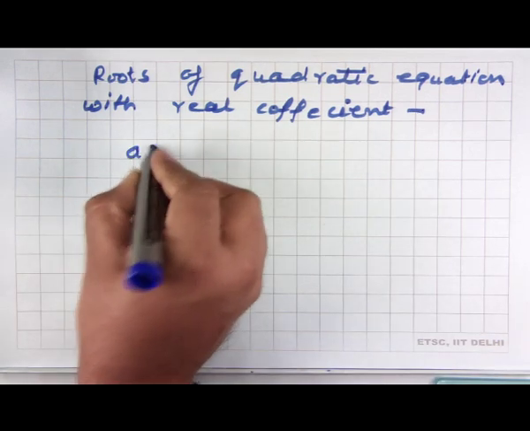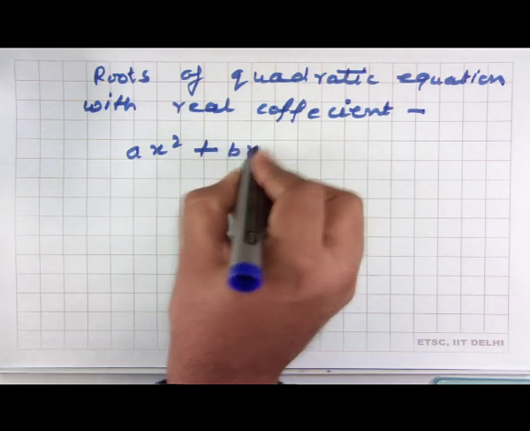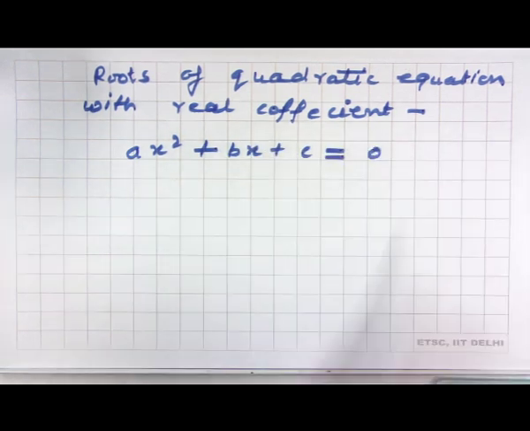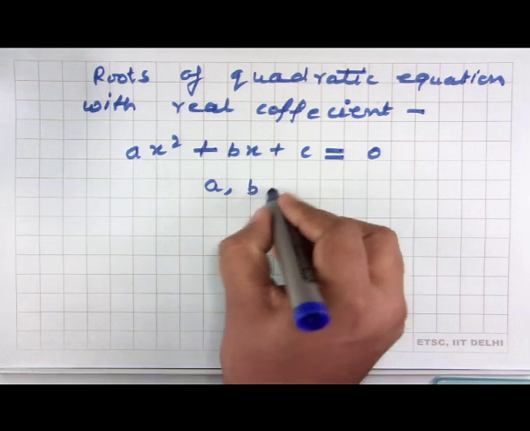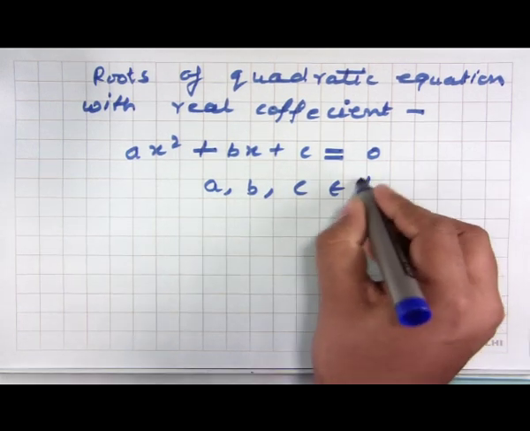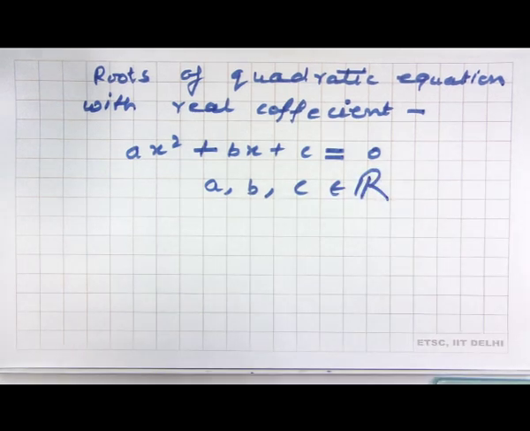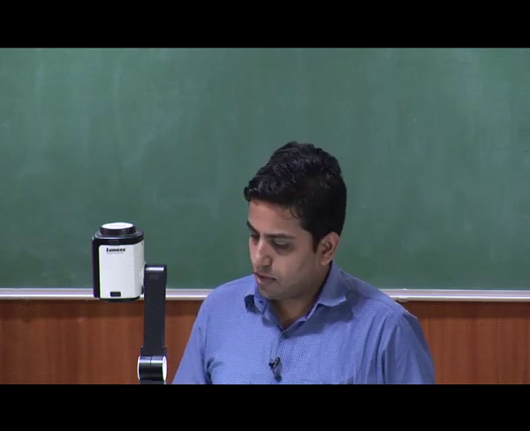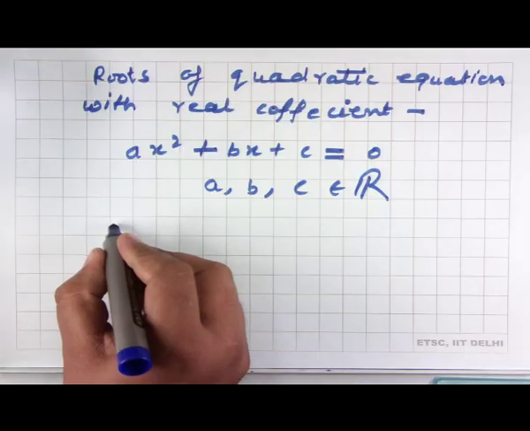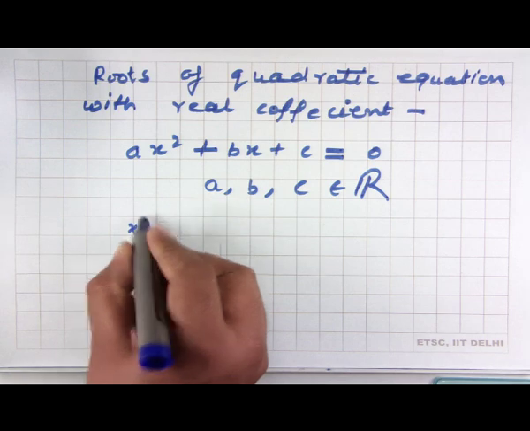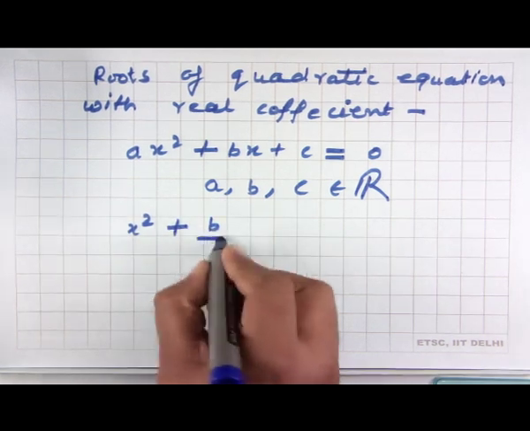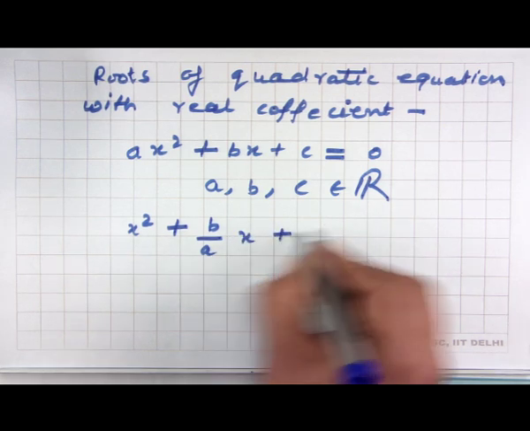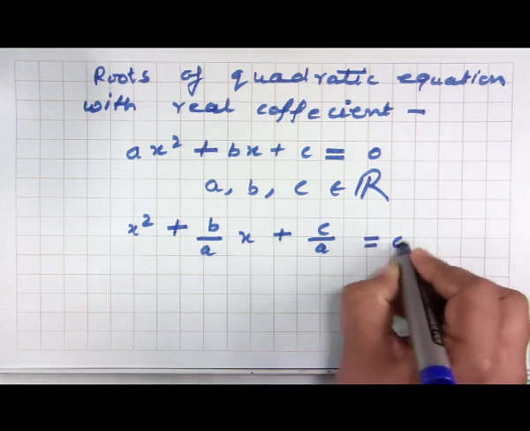Suppose ax square plus bx plus c equals 0 is our quadratic equation, and a, b, c belong to the real numbers R. Here we shall find the roots of the equation by completing the square. Now, divide the whole equation by a. It becomes x square plus b by a x plus c by a equal to 0.